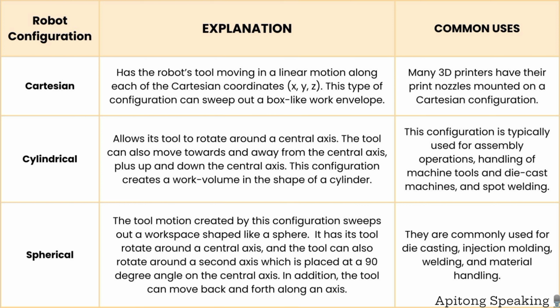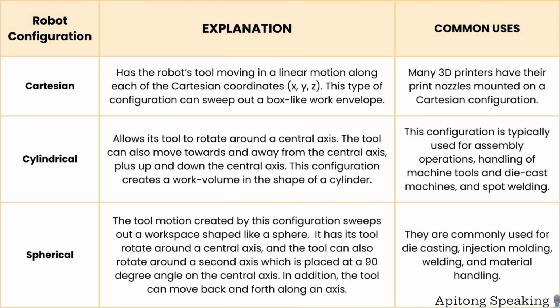The next one is the spherical robot configuration. The tool motion created by this configuration sweeps out a workspace shaped like a sphere. It has its tool rotate around a central axis, and the tool can also rotate around a second axis, which is placed at a 90-degree angle on the central axis.